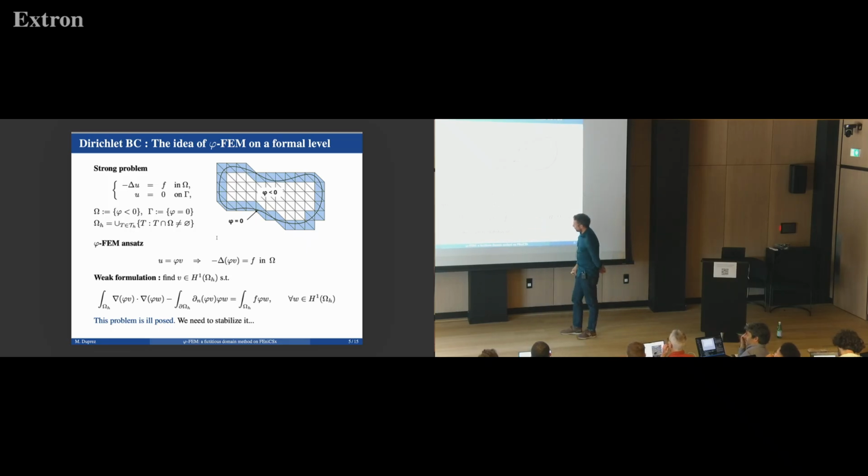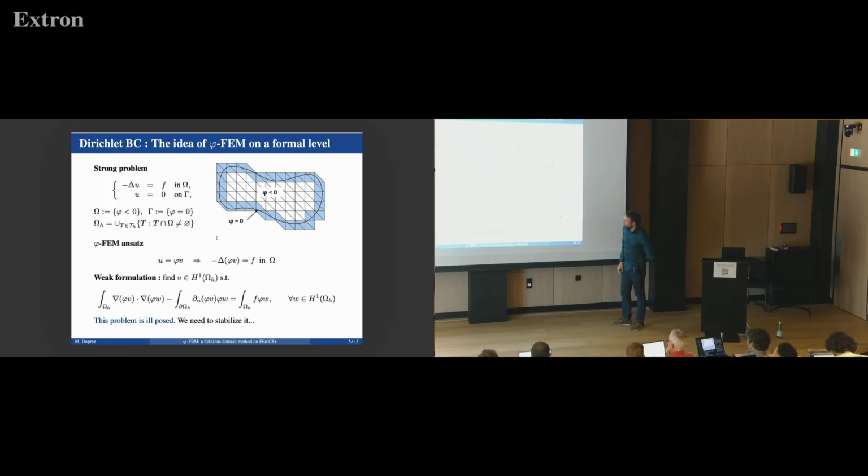And to have a weak formulation, we take a test function phi w with the same form, and we integrate by parts. When we integrate by parts, the boundary term is not equal to 0, contrary to the standard case, because the solution is not equal to 0 on the discrete boundary. So this boundary term remains, even if it is small.